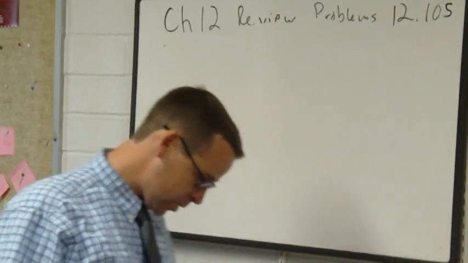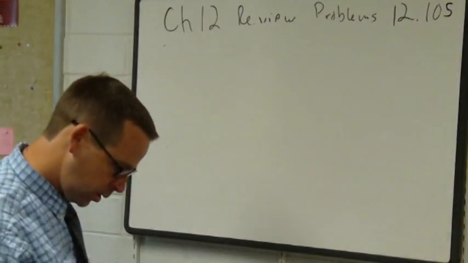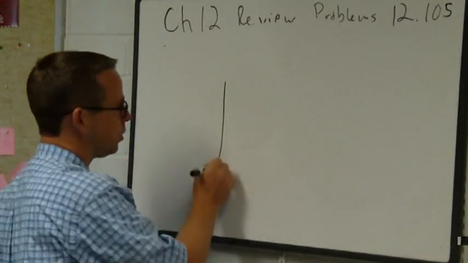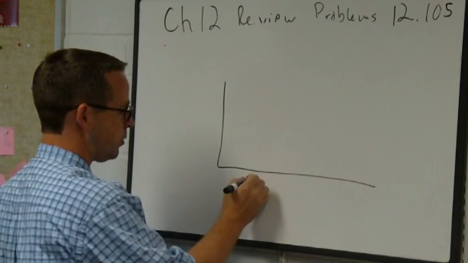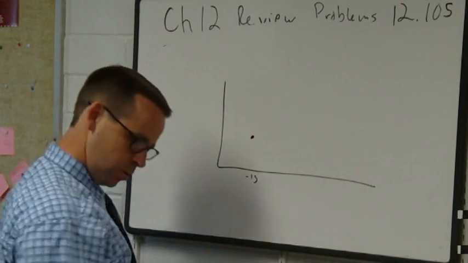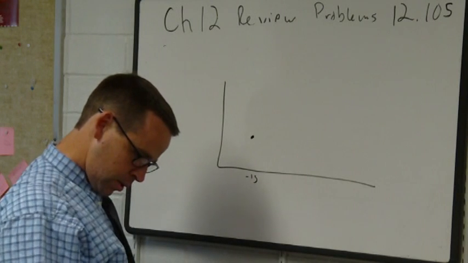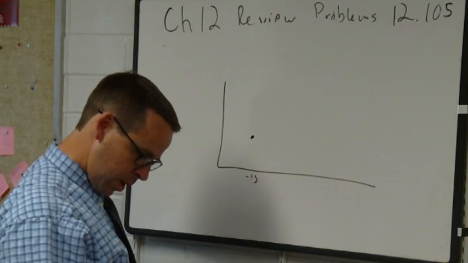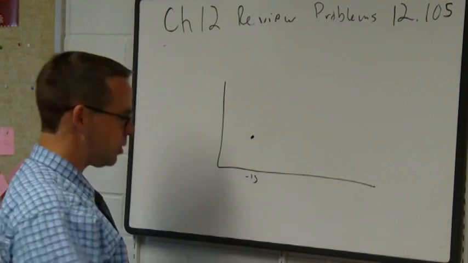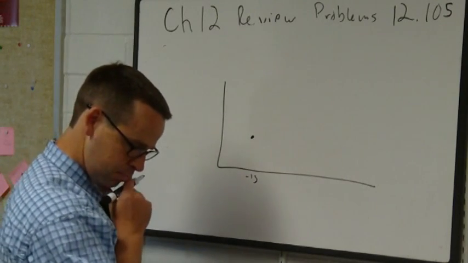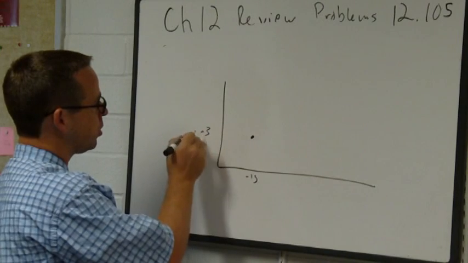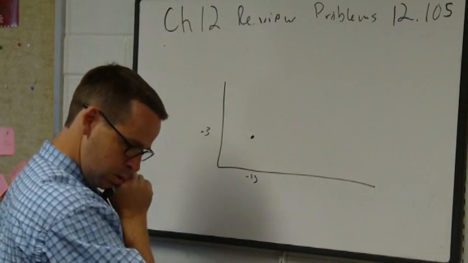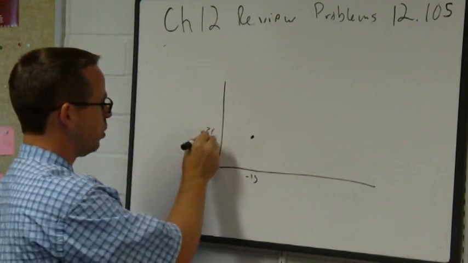Sketch the phase diagram for a substance that has a triple point at minus 15. So here's the temperature down here. Here we'll say is minus 15. There's the triple point at minus 15 degrees Celsius and 0.3 atmospheres. So here is our 0.30.